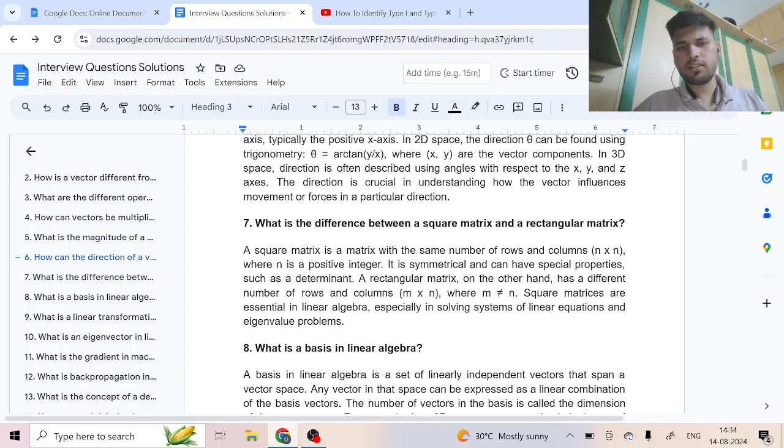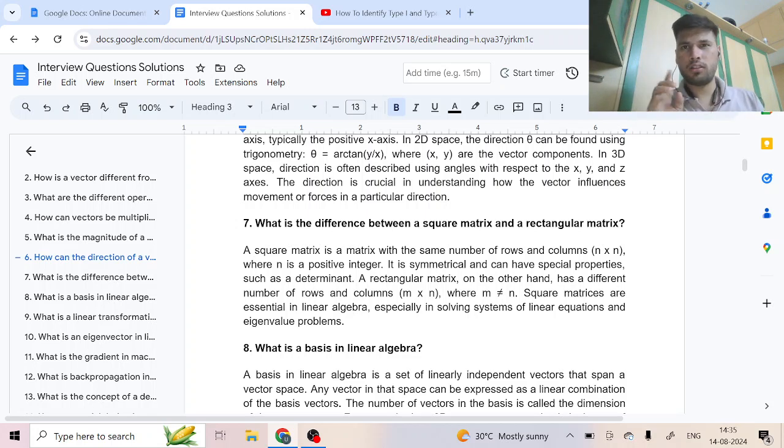Now this is a quite good question. What is the difference between a square matrix and a rectangular matrix? A matrix is basically a combination of rows and columns, as we all know. A square matrix is one where the rows and columns are equal. For example, if the matrix dimension is 3 cross 3, it means there are 3 rows and 3 columns.